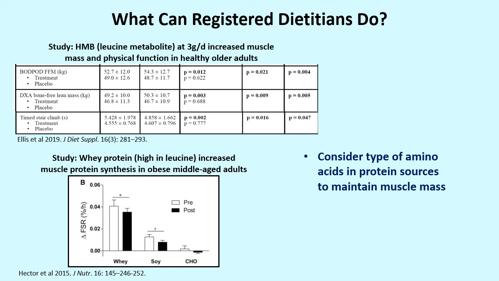And we can see in the top study, there's a difference in the placebo group versus the treatment group in terms of increasing muscle mass and affecting physical function, which was measured by a timed stair climb. In the bottom study, whey protein was used to increase muscle protein synthesis in obese adults, and compared to soy protein and carbohydrate restriction.